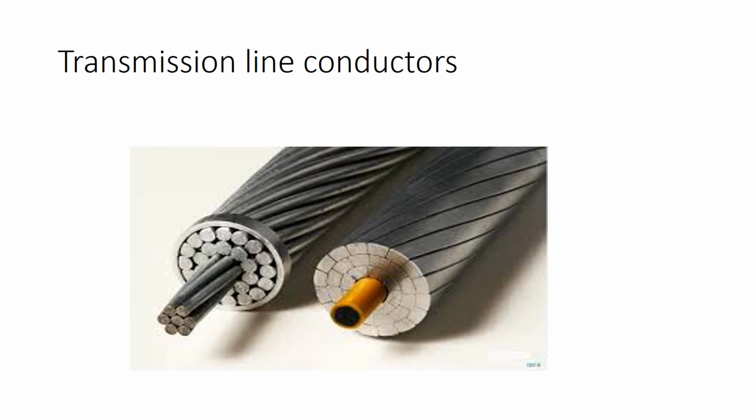If you want to transmit more current through a conductor, you need to increase its area of cross section. If you do not use a transformer, what happens? The current magnitude is very huge, and the conductor required for that current carrying capability is also huge. That means the conductor cross section should be very huge.